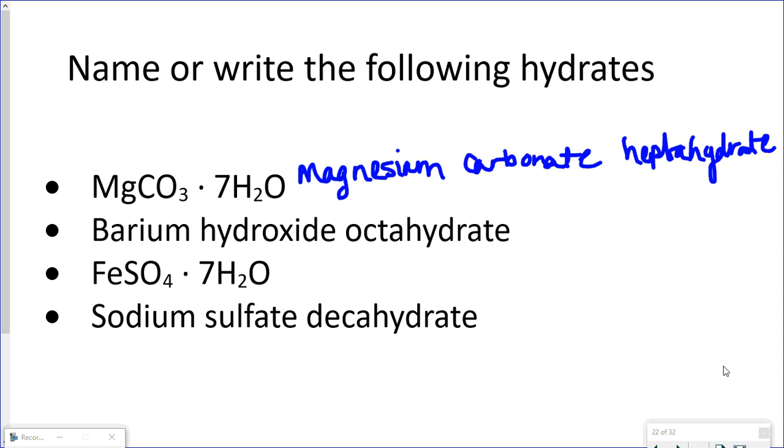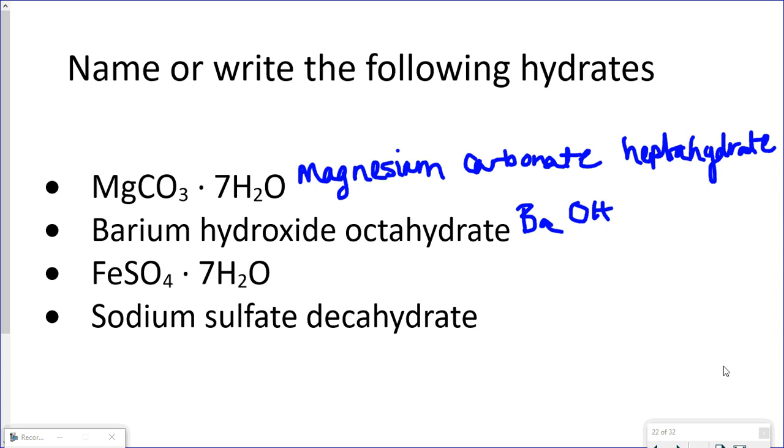We have barium hydroxide octahydrate. So barium hydroxide, remember barium is Ba with a positive 2 charge. Hydroxide is your polyatomic OH with a negative 1 charge. So when we crisscross that positive 2 and negative 1 charge, we get Ba(OH)2.